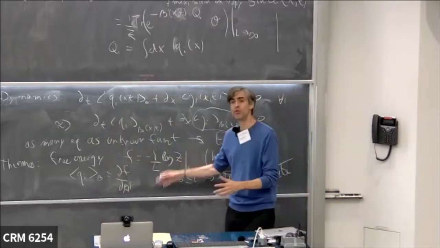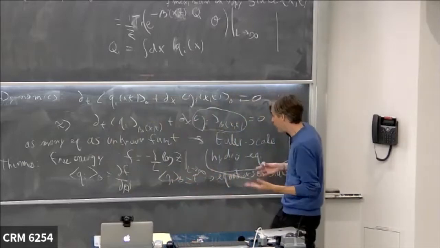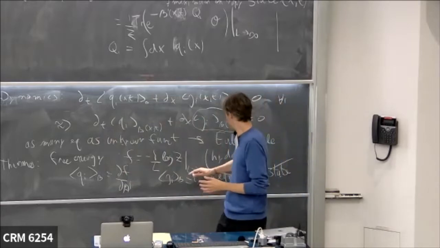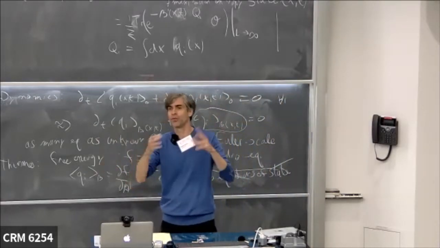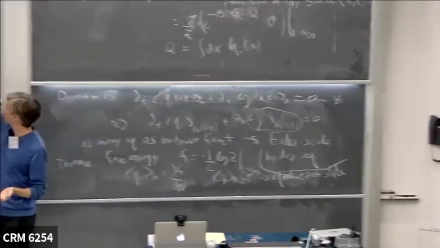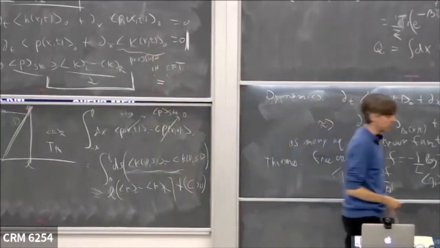For instance, you can use the relativistic invariance and all that stuff, and then you can calculate. For instance, in a typical Galilean system, even in a relativistic system, the pressure is equal to the free energy. This is a general thermodynamic relation. Pressure equals F, you know. And the pressure is nothing else but the momentum current. So that's it. So you have it. Actually, it's not too bad.